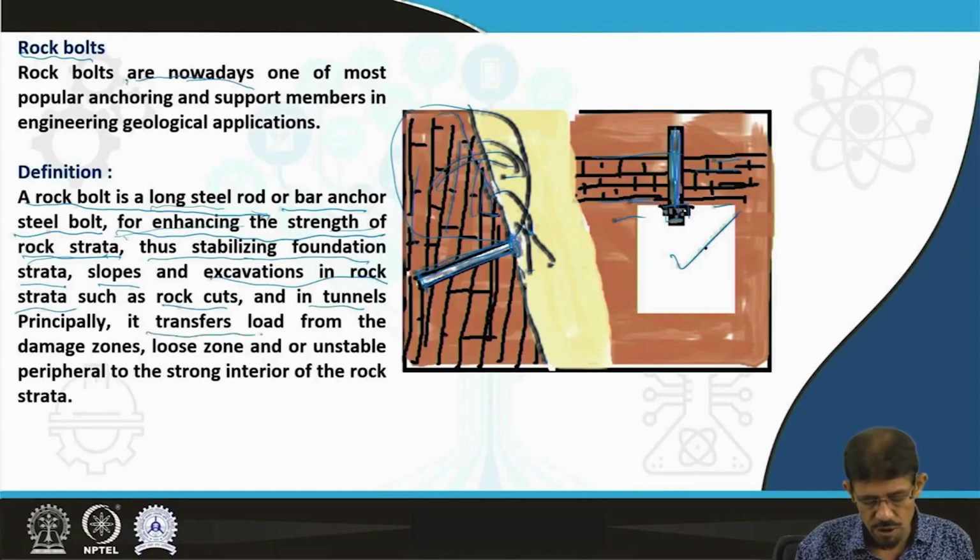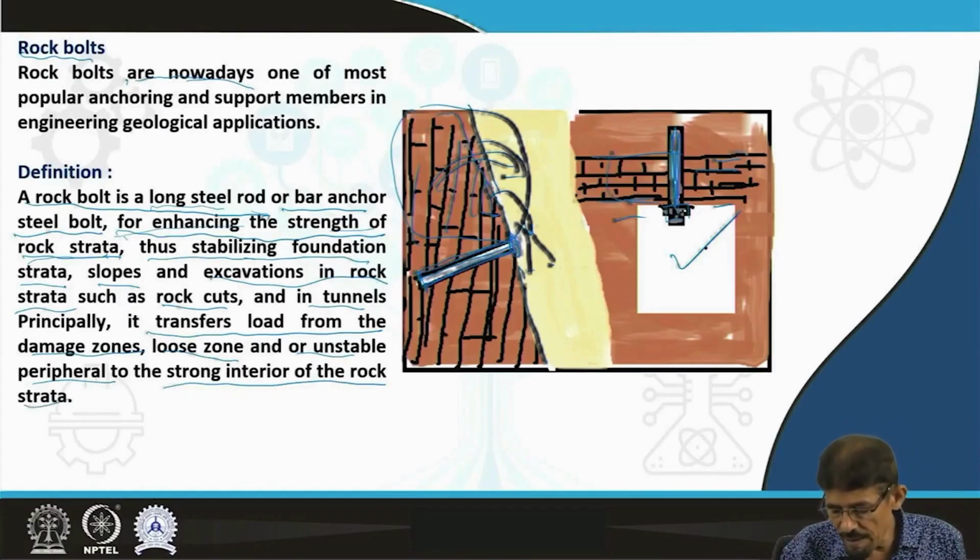Principally, it transfers load from the damaged zone, loose zone or unstable periphery to the strong interior of the rock strata. The load caused by this zone is transferred to this intact and sound zone for high stability.